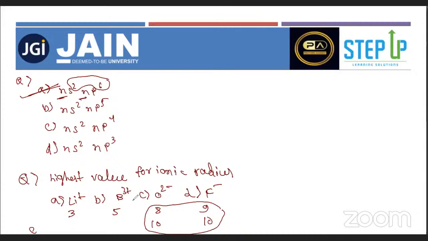When I'm moving from left to right, obviously the ionic radius has to decrease. So comparing, this has the lower atomic number. For 8, ionic radius is inversely proportional to atomic number, so the ionic radius will be more. So good answer. Sunil correct. Sujan correct. The answer will be C.